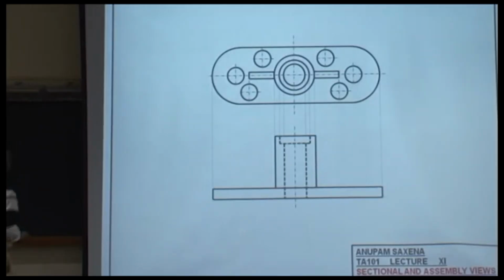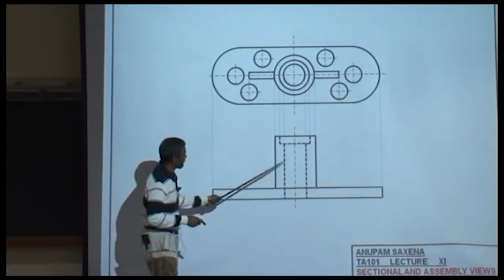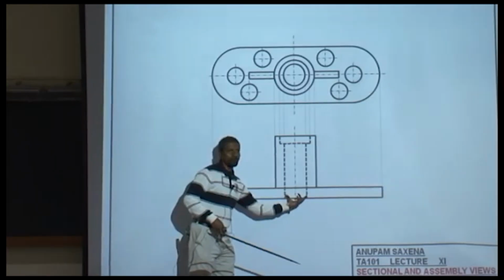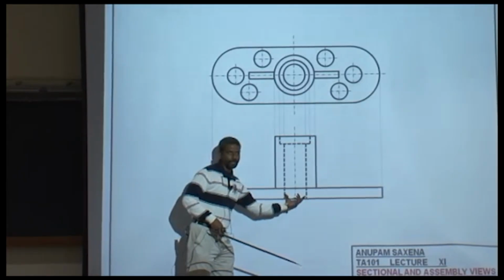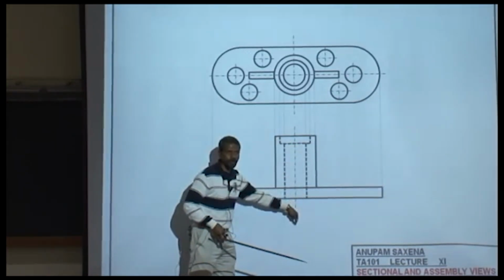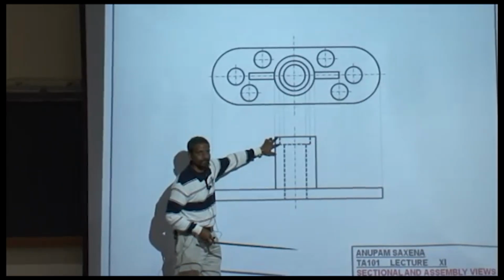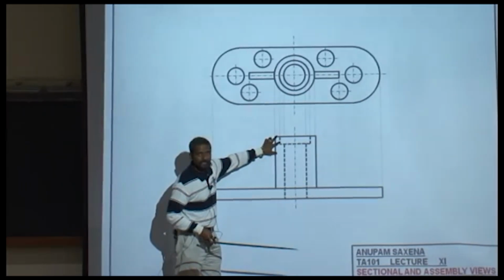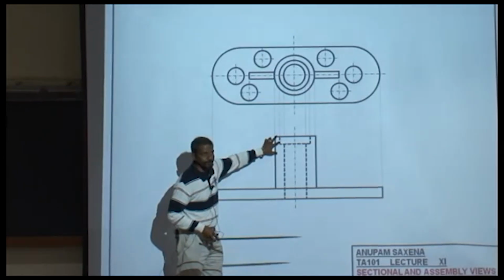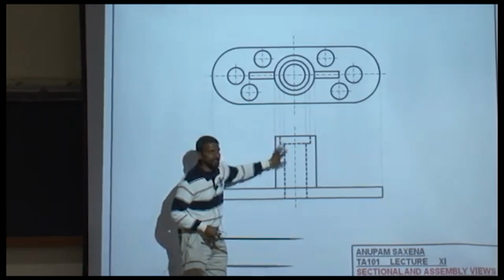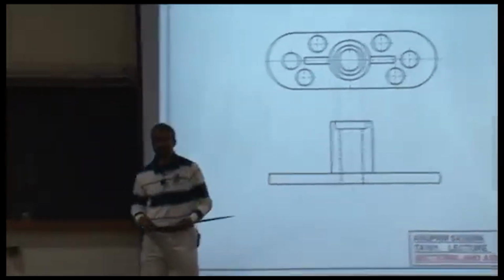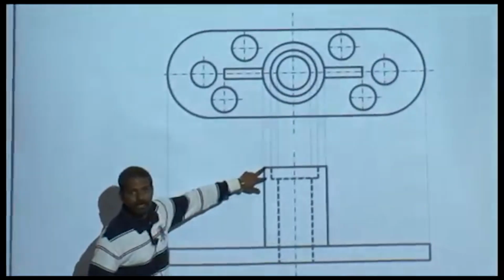So if you realize, you have this hole which is a through hole. Okay, it's going from top to bottom of the object, and then you have some like this. Okay, this feature, and I want your attention here because this is something that I'm going to be asking you in the exam. This feature is called a countersunk.